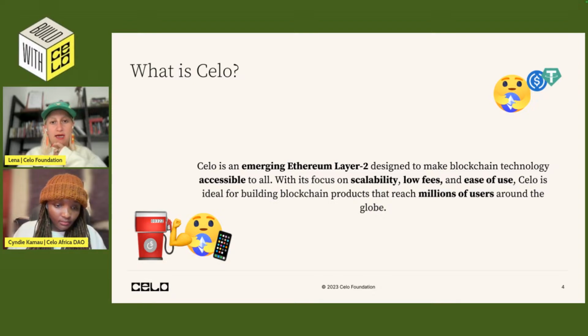Another unique identifier for the Celo ecosystem is our fee abstraction, which means you can pay for gas fees in stablecoins, which falls into accessibility and ease of use. Celo has existed for 4 years already, which means we have a thriving ecosystem and many users, which is very great.